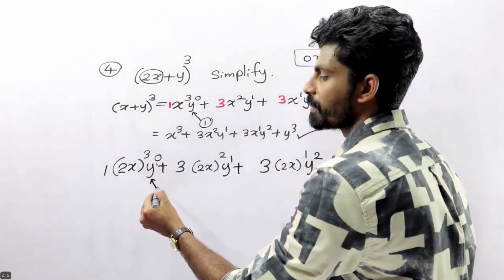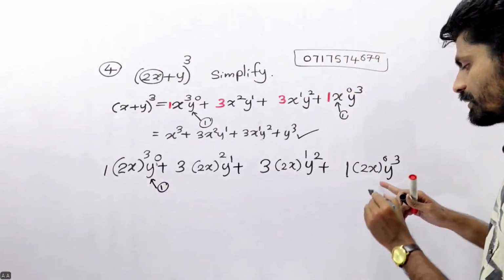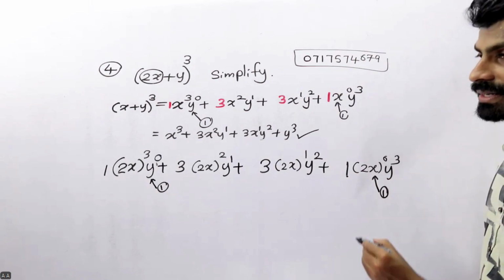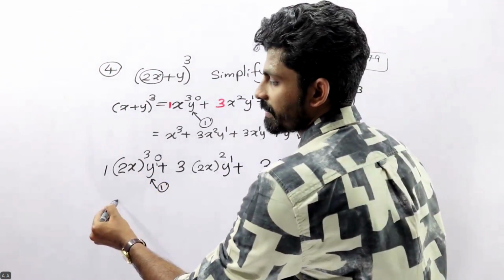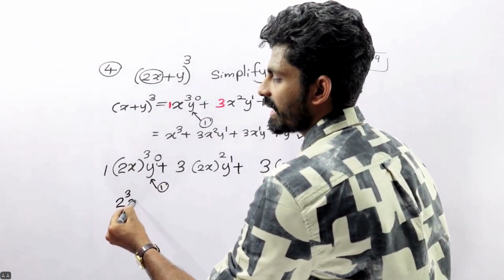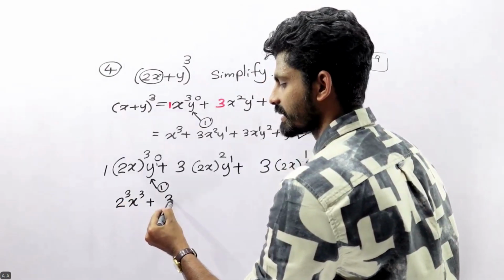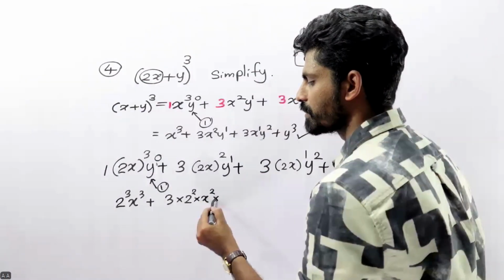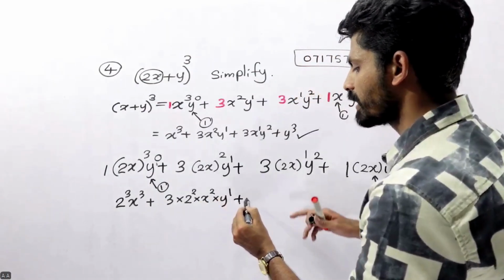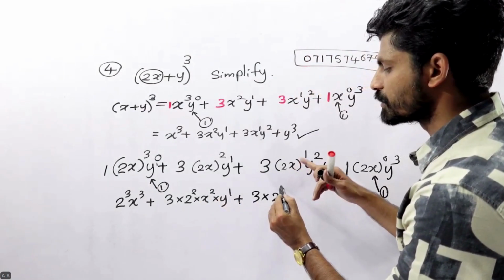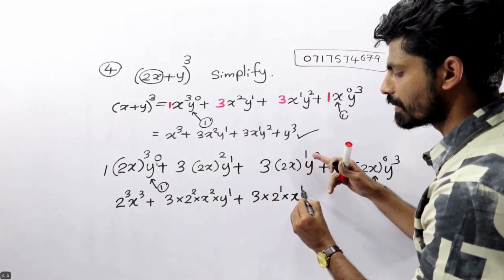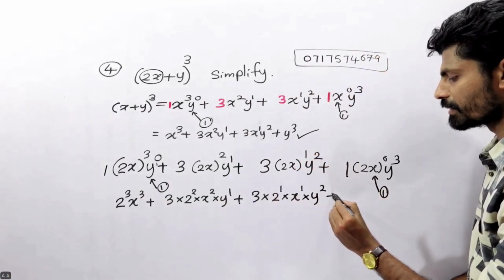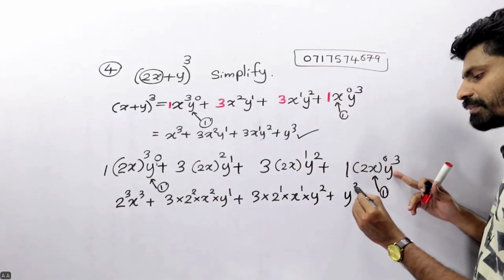Y to the power 0 means 1. 2x to the power 0 means 1. Right? That means 2 to the power 3, x to the power 3 plus 3 multiplied by 2 to the power 2, x to the power 2 multiplied by y to the power 1, plus 3 multiplied by 2 to the power 1 multiplied by x to the power 1 multiplied by y to the power 2, plus y to the power 3.